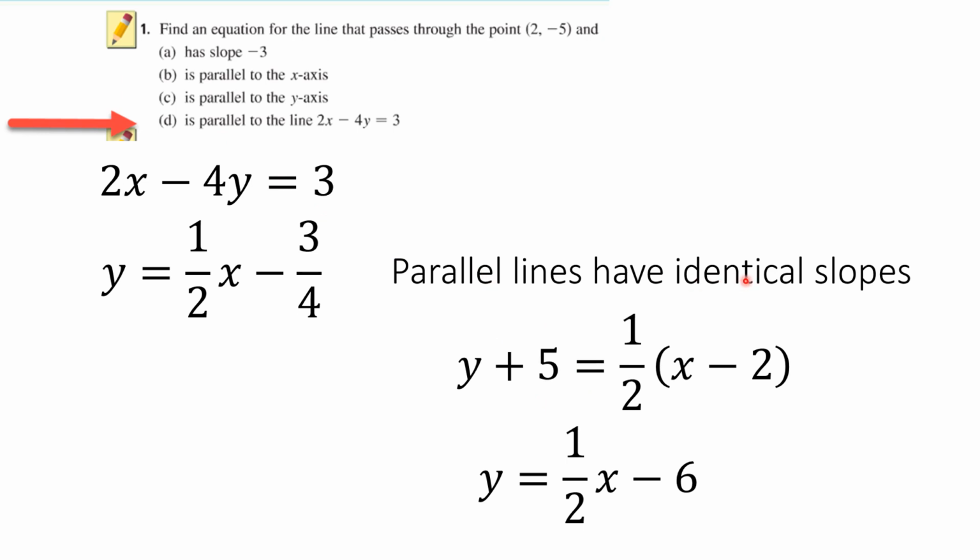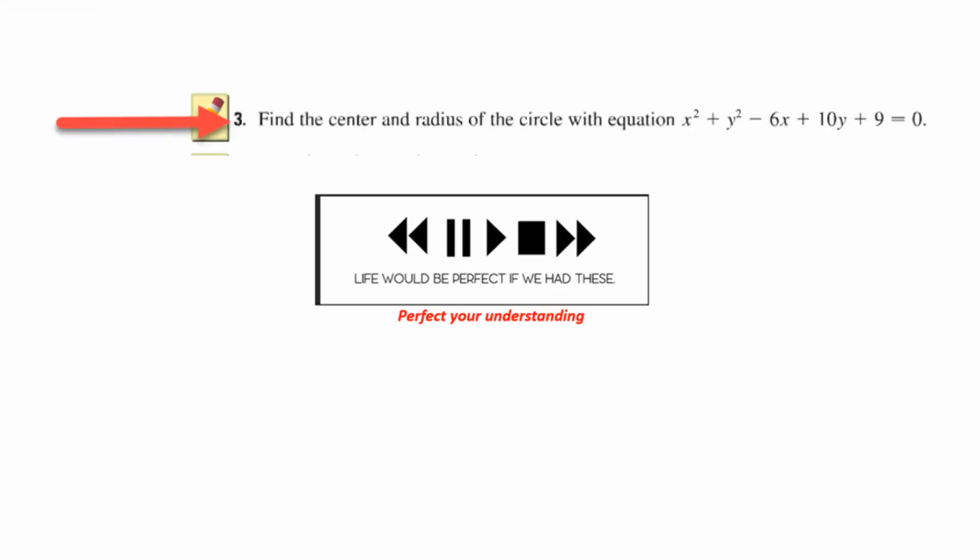So the line we're trying to find has a slope of 1/2, and it goes through the point (2, -5). So it is y minus the y coordinate is equal to the slope times x minus the x coordinate. And sometimes I will ask you to put that in slope-intercept form for full credit, and I did it here. And what I will get is y is equal to 1/2 x minus 6.